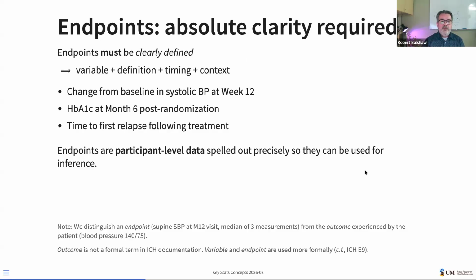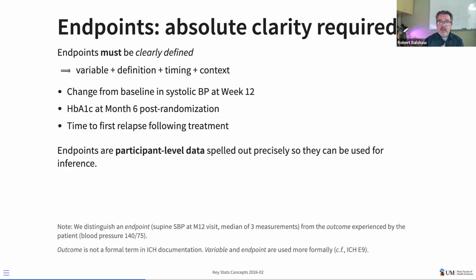So if you've started to think about those types of endpoints, the next step is to be extremely clear about what those endpoints are made up of. What are we measuring? What's the variable? What is the definition of the variable? And sometimes that might be, is this going to be quantified through an ELISA?